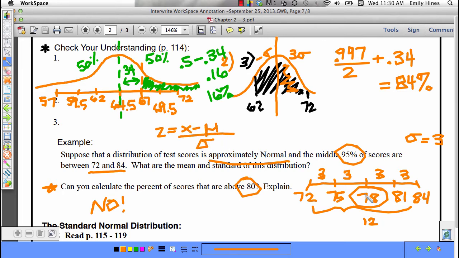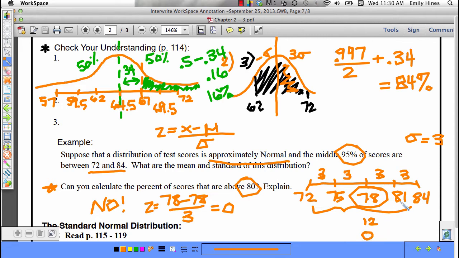So what happens if I take the mean and try to turn it into a z-score? I'm going to get 0, because 78 is the mean and 78 minus 78 is 0. So even when I divide by 3, it is still 0. So the z-score of the mean is always 0.